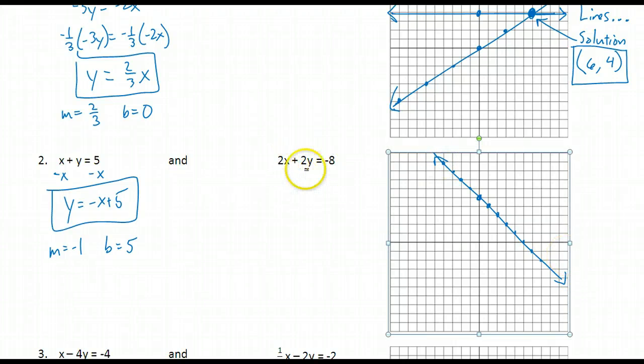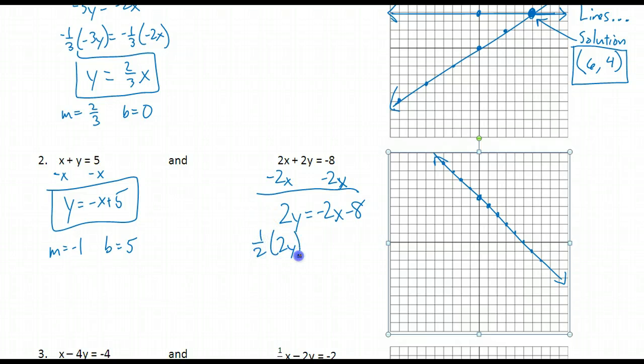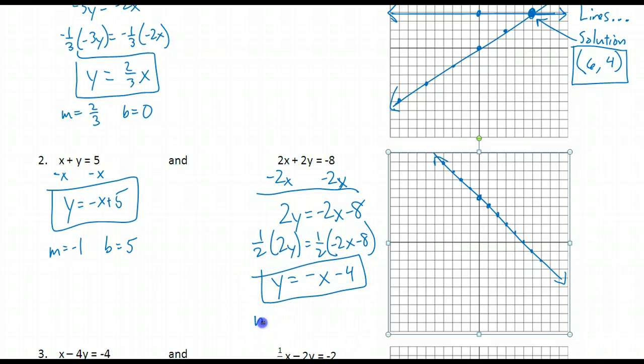Now I'm going to solve for y in my second equation. So the slope of my second line is -1, and my y-intercept is -4.